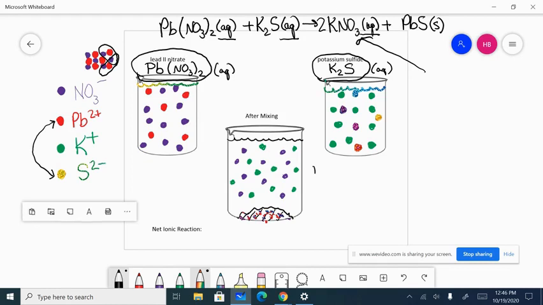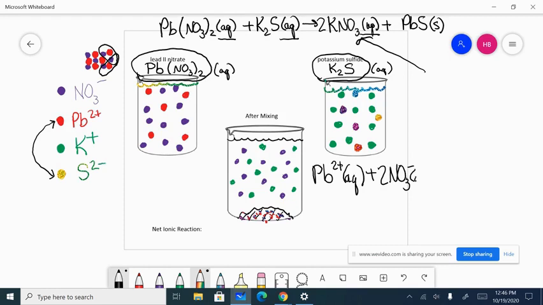And what that means is I'm going to split them up into the ions. The subscripts and the coefficients are multipliers. So my subscripts become coefficients for the ions.